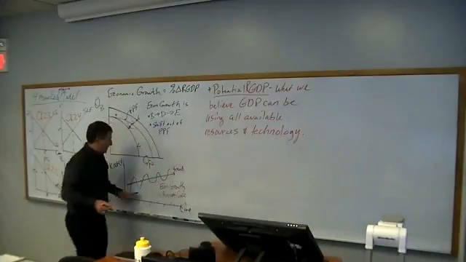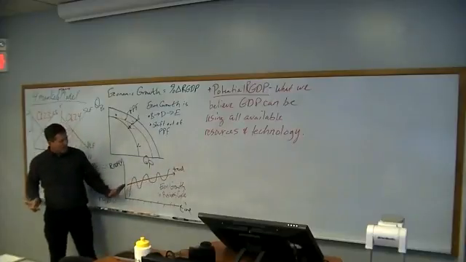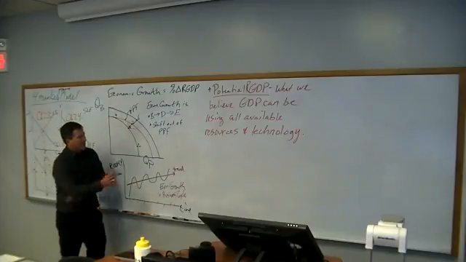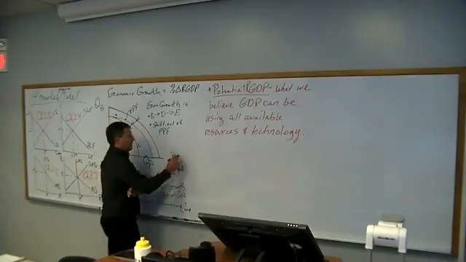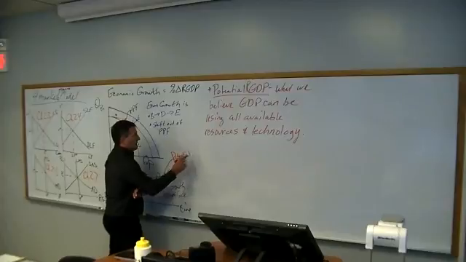And so this red line I just drew is kind of a straight line. It could have a little bit of movement on it, but you can think about this red line as being the potential real GDP.